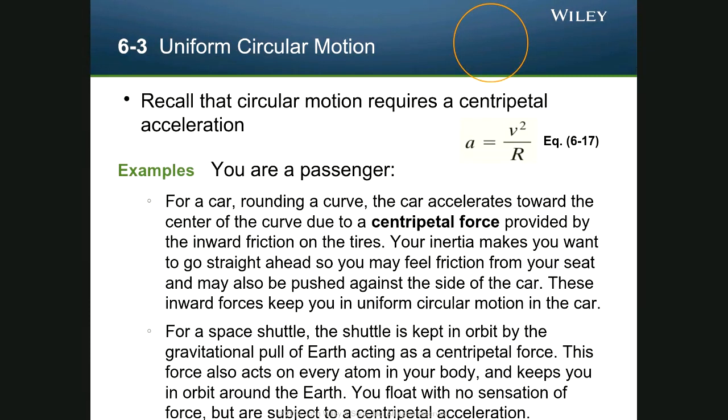Towards the center, very good. So we go towards the center, wherever we are. So that gives us the direction, and this gives us the magnitude of the acceleration. And when we look at this as a force, we'll call this a centripetal force. All right?